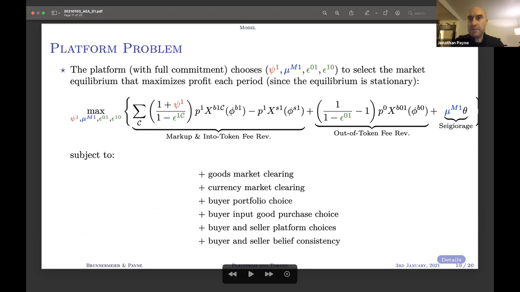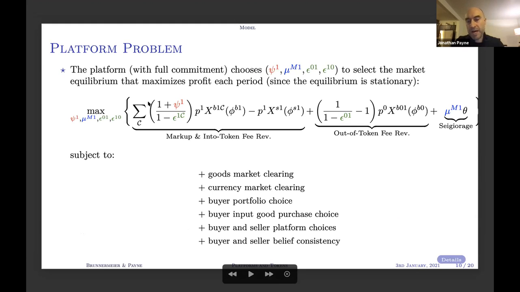They could get seigniorage revenue. They could also get revenue directly from markups. What we don't have at the moment, and we've had a lot of questions about, is what if you opened this up and allowed for something like a platform participation fee, which I think is probably where you're heading with this question, right?